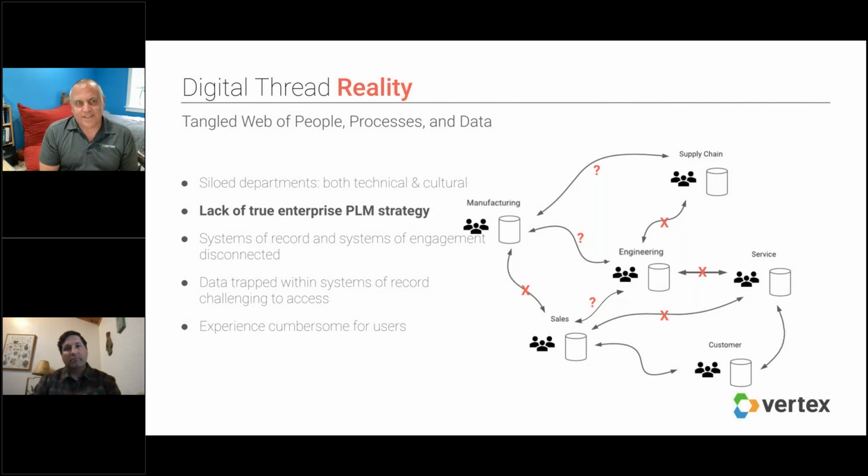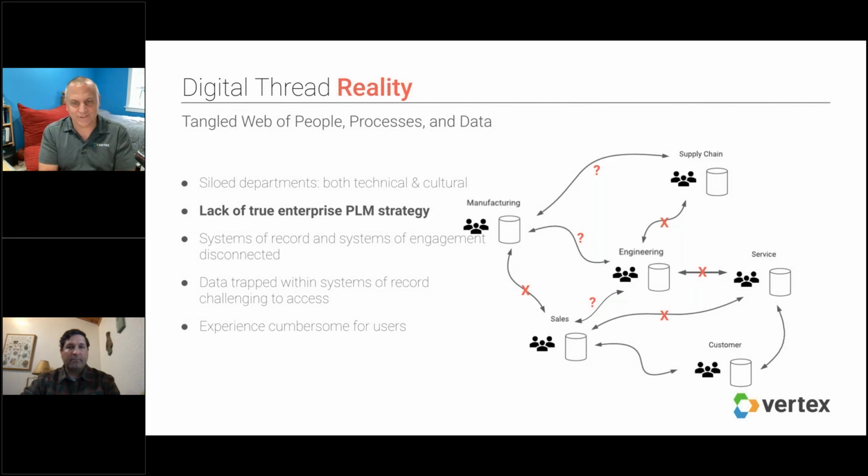And oftentimes the PLM frameworks and structure tend to reside primarily in the engineering space. And then other groups just are sort of added on or are part of it, but it's not necessarily an end-to-end strategy per se.